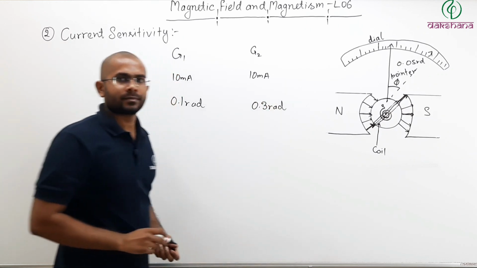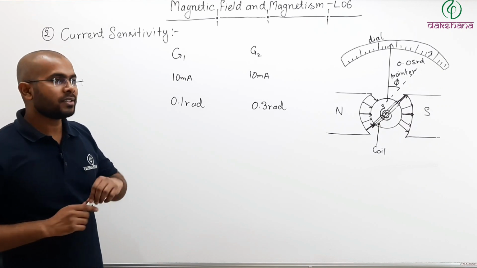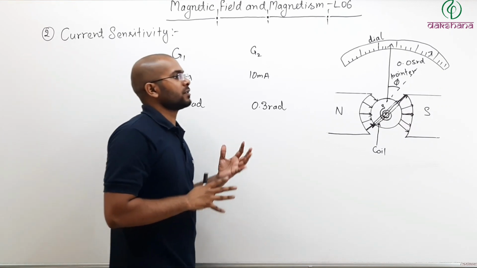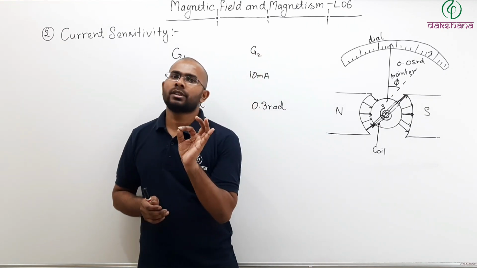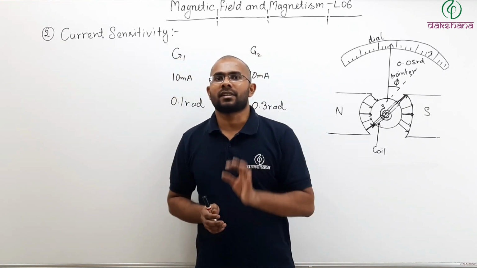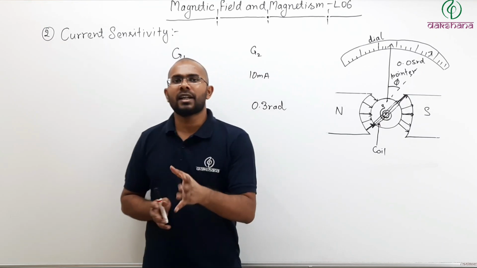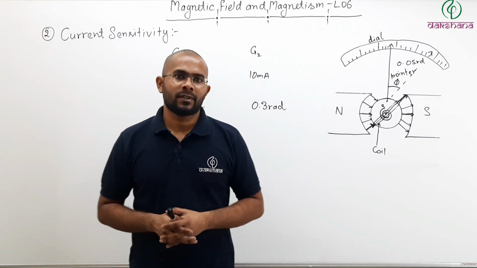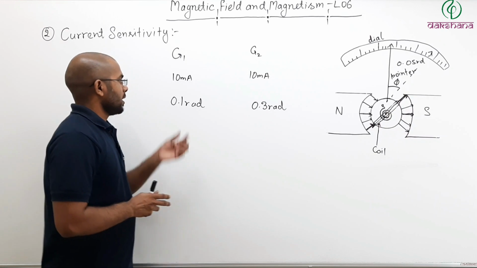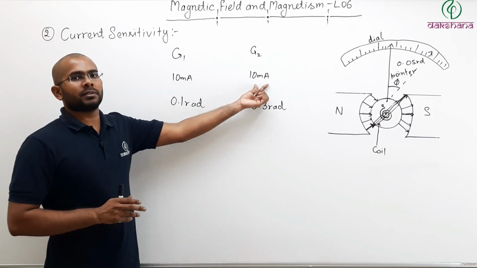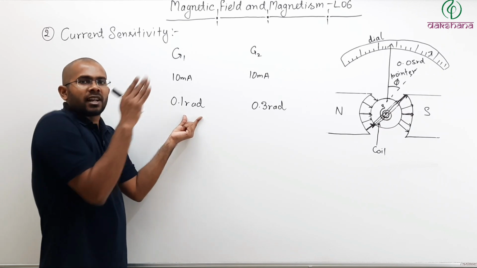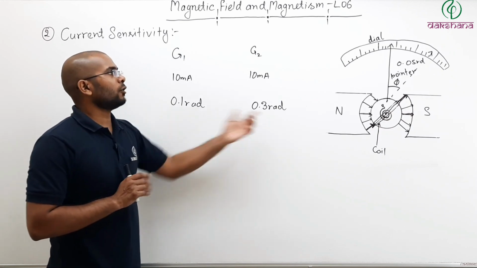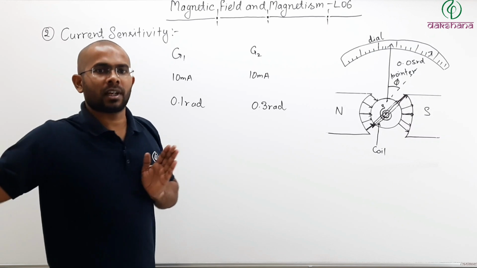So, sensitivity of an instrument is how minute a current it can measure. How small a current it can measure. Here, for the same amount of current, this galvanometer is showing less deflection, and this galvanometer is showing more deflection.